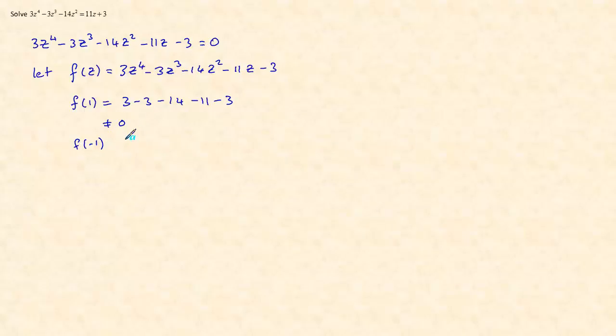What about f of negative 1? So that's going to give me 3, add 3, take away 14, add 11, take away 3. So with the positives, that's 17, and then we've got to take away 17, so that is equal to 0. So z plus 1 is a factor.